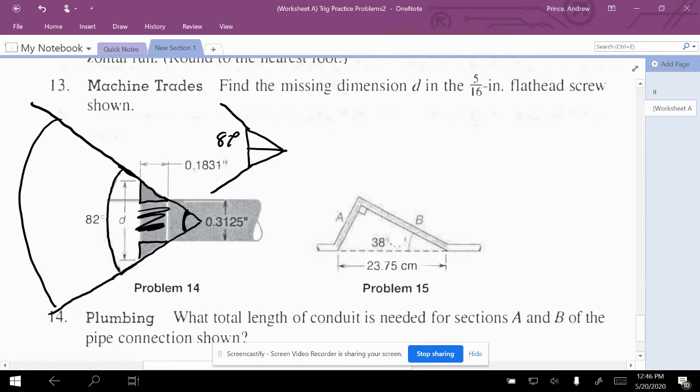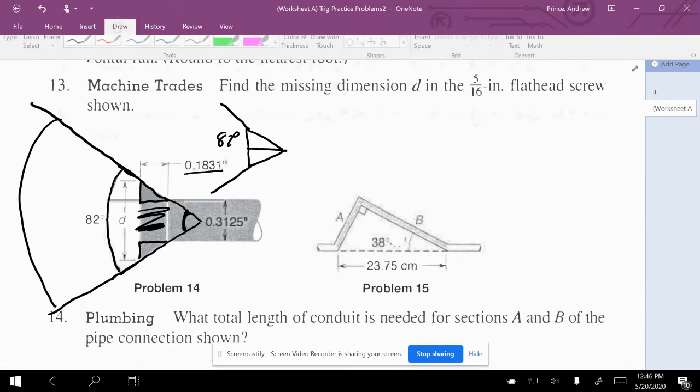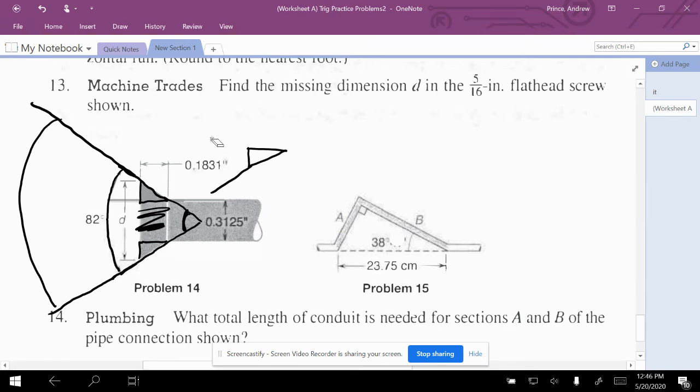Now, since we have a base of 0.1831, the most useful thing to do with this triangle is going to just be apply that to the base and use part of that angle as the viewpoint for our sine, cosine, or tangent. So if we're only going to be looking at this triangle I'm shading in right here initially, because we want to find dimension D, this is part of it, this opposite side of our angle.